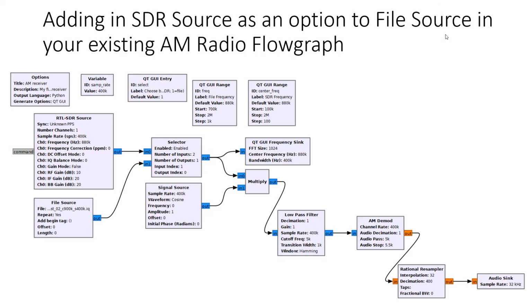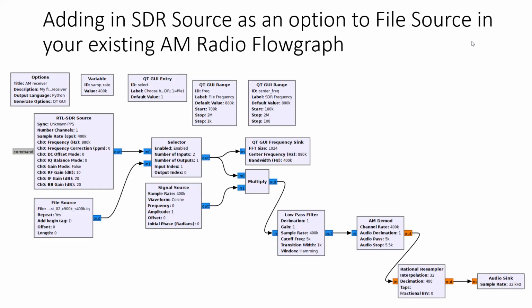If you're already way beyond this and you want to carry on adding extra bits and pieces of interest to you, or maybe try combining your FM radio and your AM radio together, that's fine, using something like the selector block to choose between the two, and just copy the blocks across.